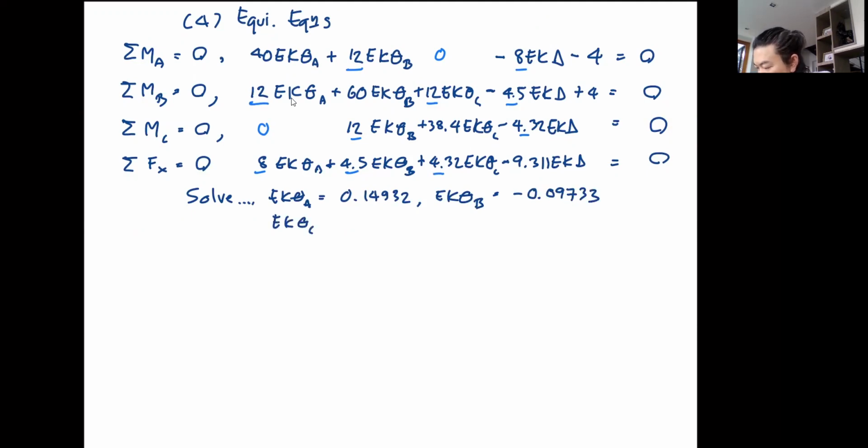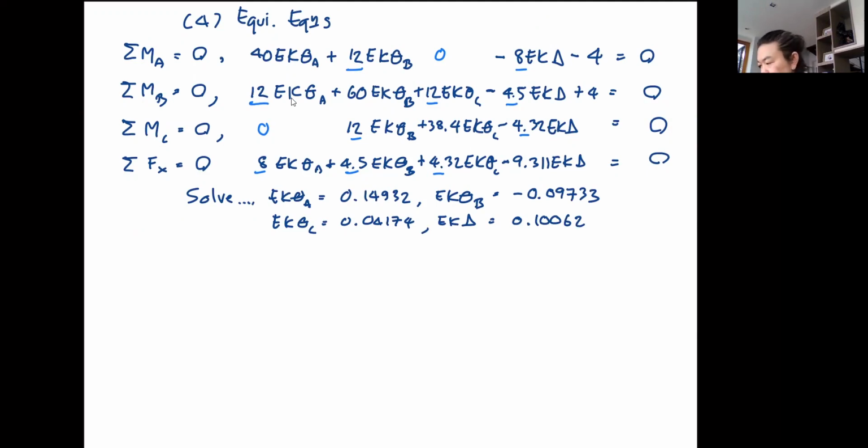EK zeta C, so clockwise again, 0.04174. EK delta 0.10062. So with these numbers, you can take the sign convention and go back and look at your frame whether or not it's possible.